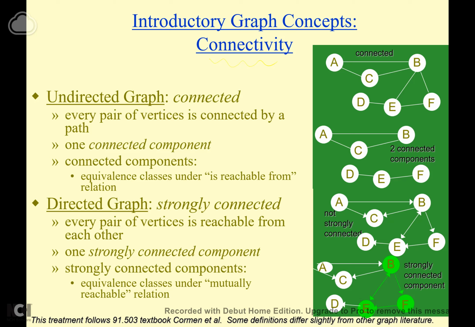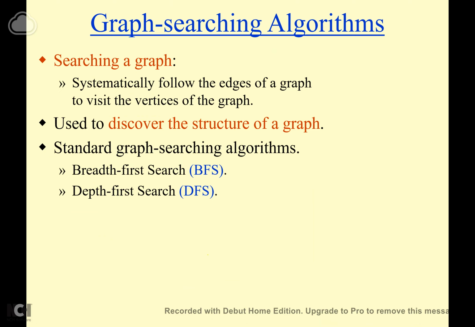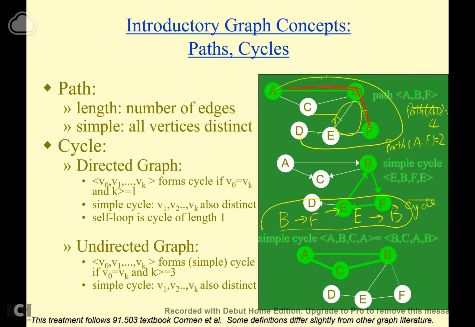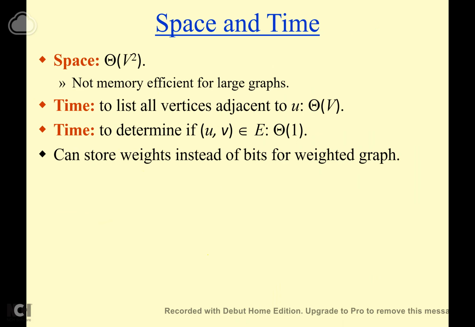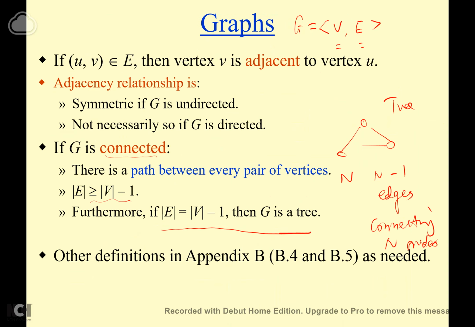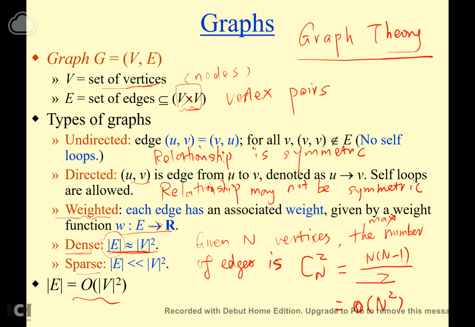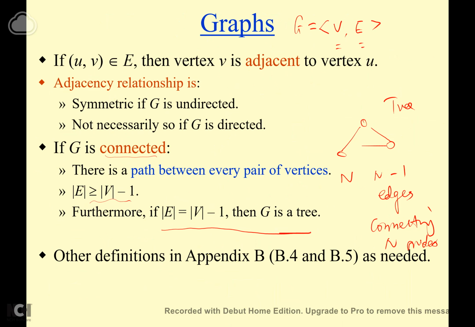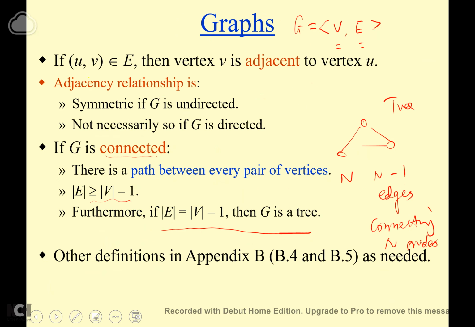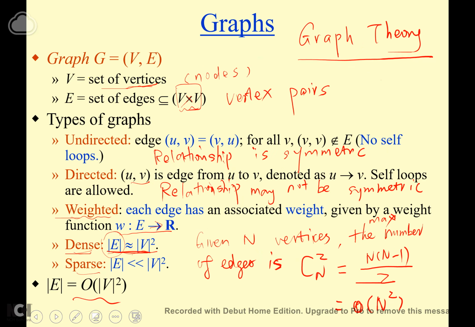And these are some very common concepts, especially paths, cycles, directed graph, undirected graph, dense graph, and sparse graph, and this representation G equals (V, E), which is very popular to be used.